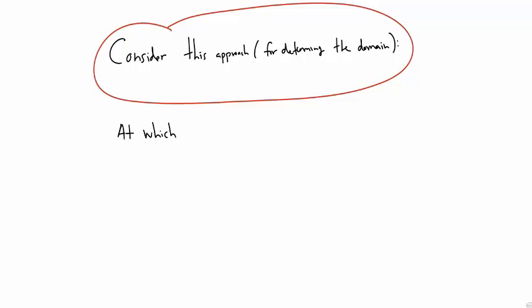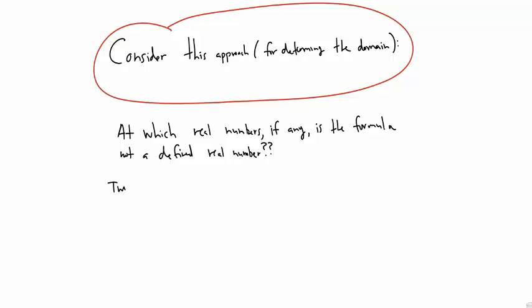I recommend finding the numbers that are not in the domain. Which numbers are excluded from the domain? For a real number x, this can happen in one of two ways.